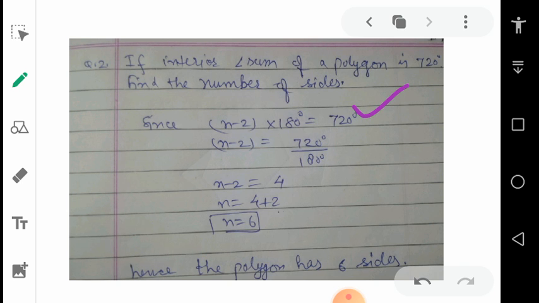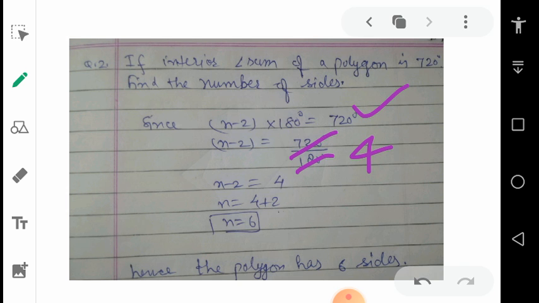We have n minus 2 equals 4. Then separate 2. n equals 4 plus 2 and n is 6, hence the polygon has 6 sides. As you know, n denotes the number of sides. It doesn't matter in which way you are using the formula.